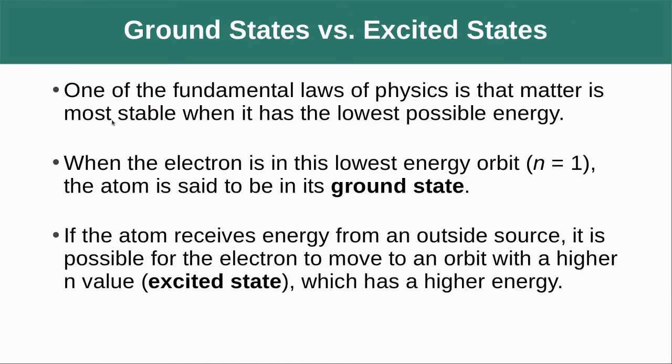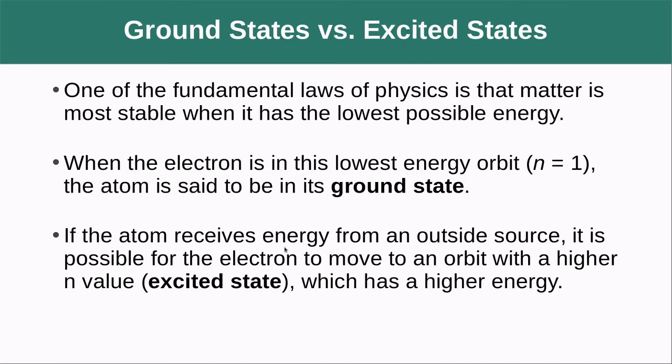So this, for instance, are the permissible energy levels that hydrogen can have. All right, so we've got some language to talk about here. One fundamental idea that we have from the laws of physics is that matter is most stable when it has the lowest possible energy. So when an electron is in this lowest energy orbit, the atom is said to be in its ground state.